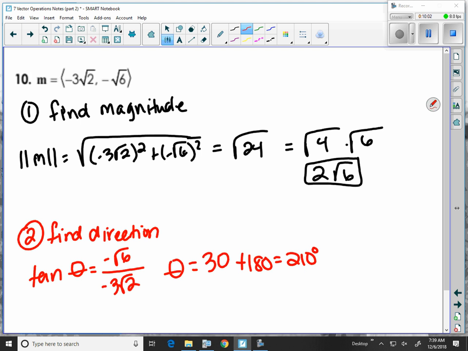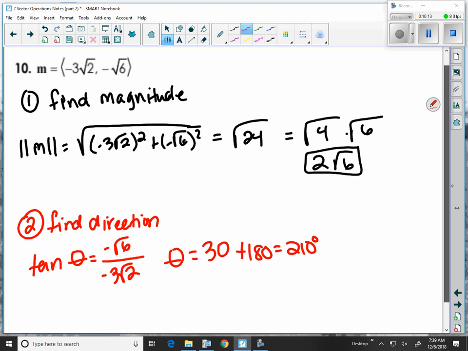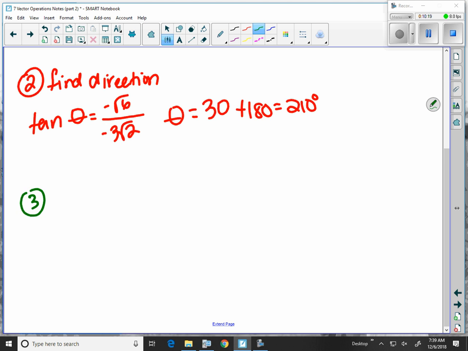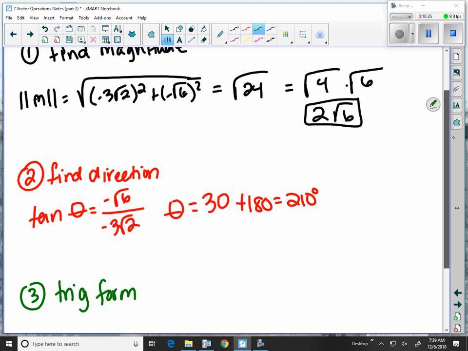So it should be 210 degrees. All right, last step is to put them in that trig form. Ooh, what was our magnitude? 2 radical 6.